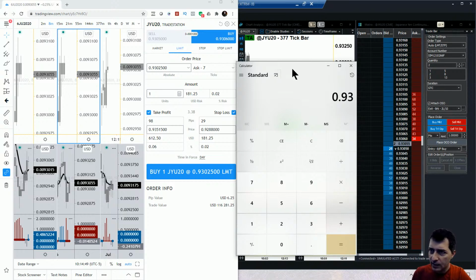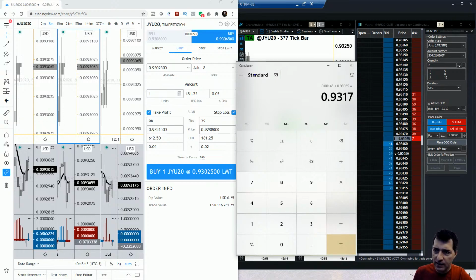So 93025, that's the entry, and the stop is 0.9288. So we are risking 0.00145. Keeping that value in mind, we're going to add this value to 0.93025, which is our entry, and that will give us the location for the safety target, which is 0.9317. While the final target would be higher than that, the final target would be 0.93515.